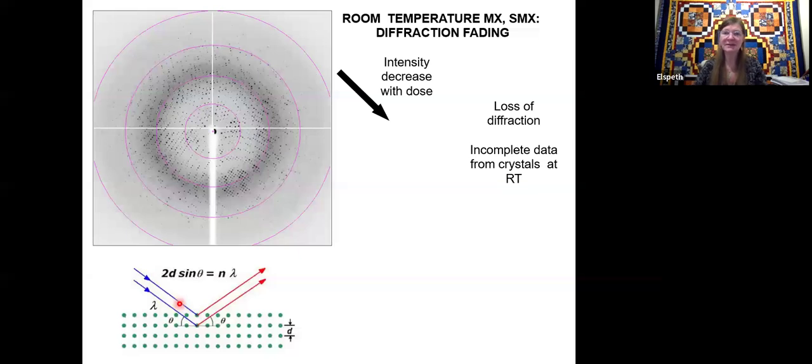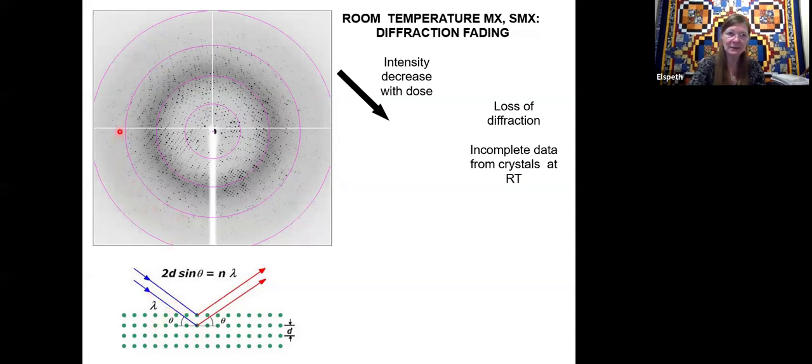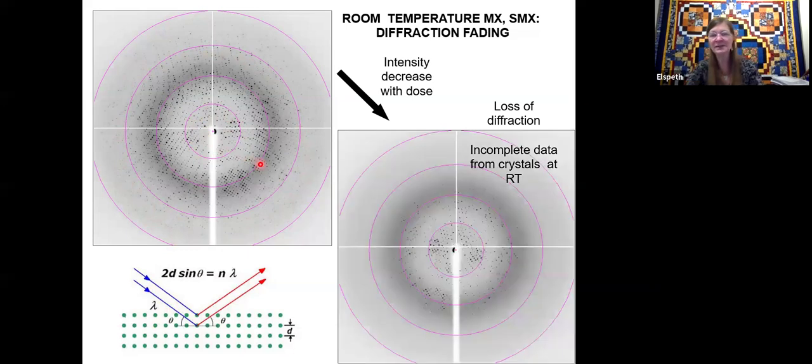But what we see in the diffraction pattern as we irradiate the crystal is that at the beginning, with Bragg's law, as I said, the high resolution information is all in the reflections out here. The low resolution information is in the middle here. And as we irradiate the crystal at room temperature extremely quickly, we see that all the high resolution ones have gone. They've disappeared, so that the disorder means that we can only now see the envelope shape of the protein.